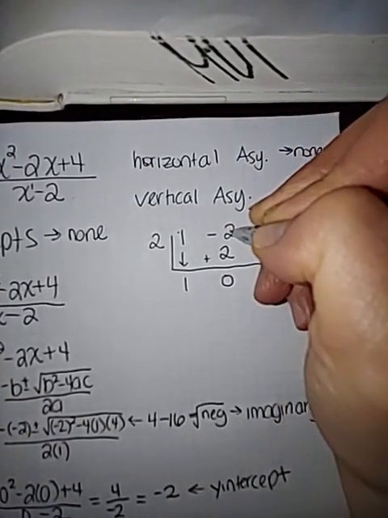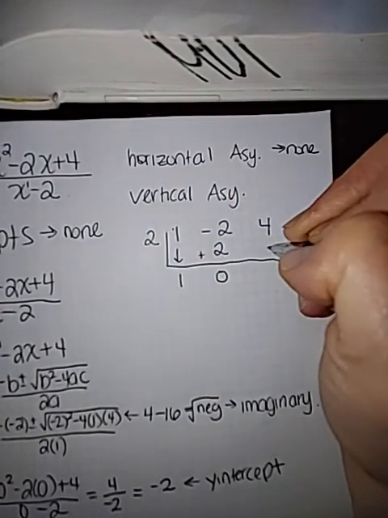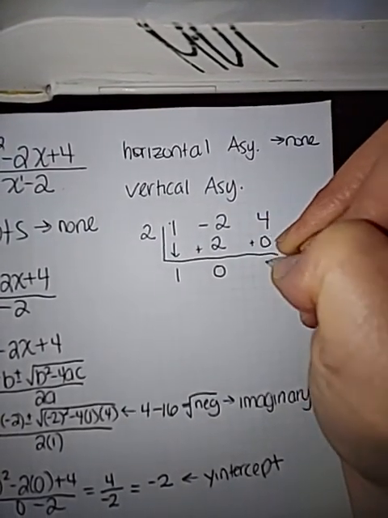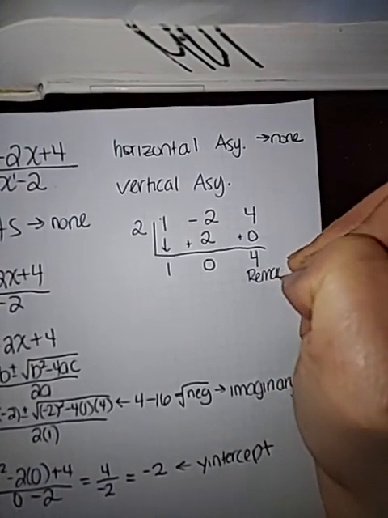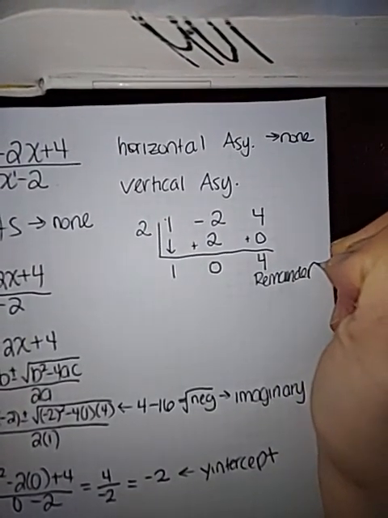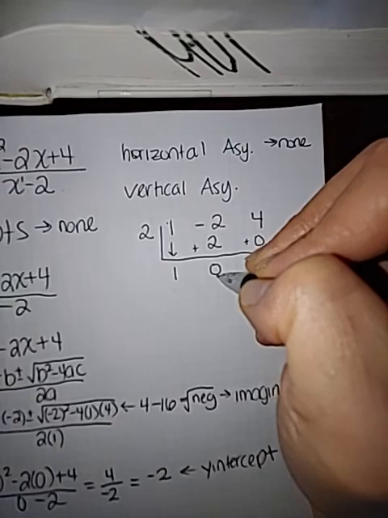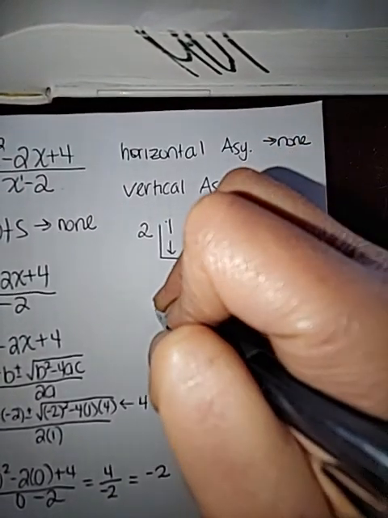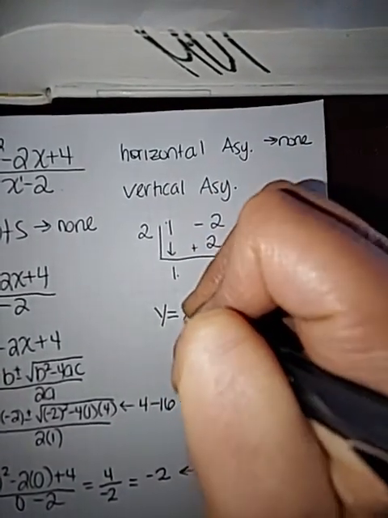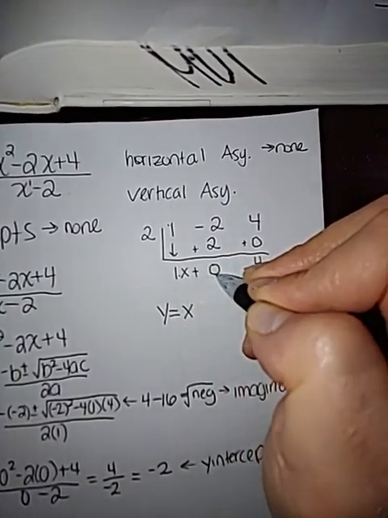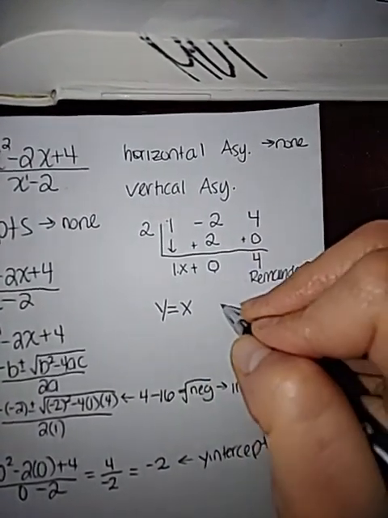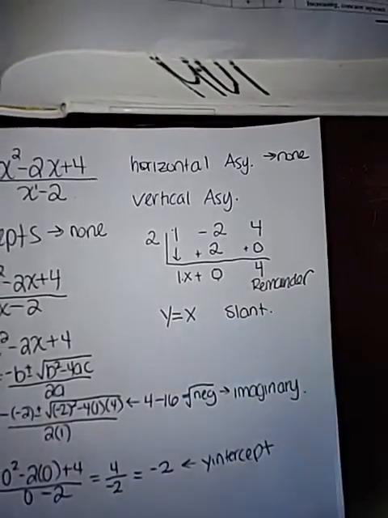I add to get 0. 0 times 2 is 0. I get 4, which is my remainder. This is my constant, this is my x term. Because this is 1x plus 0, my slant asymptote is y equals x.